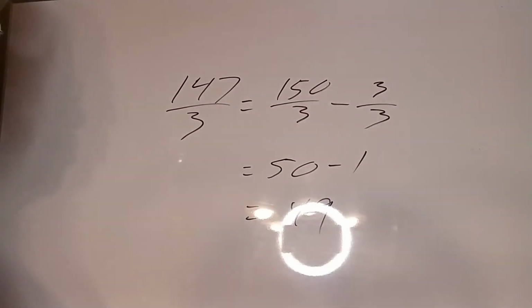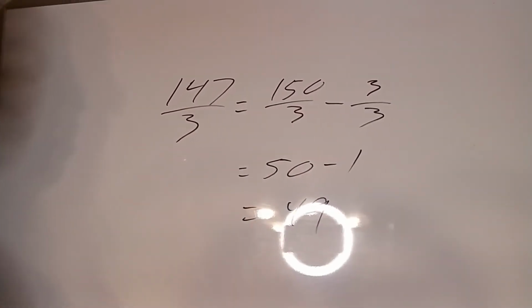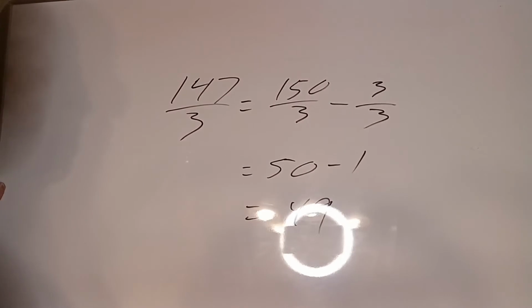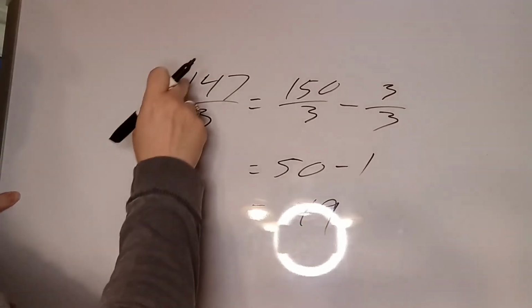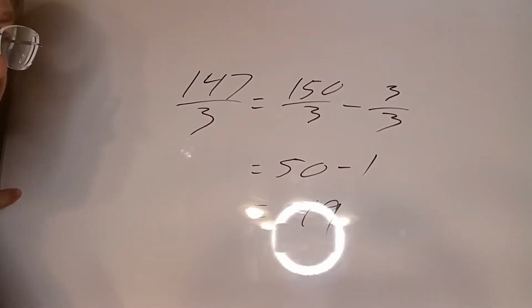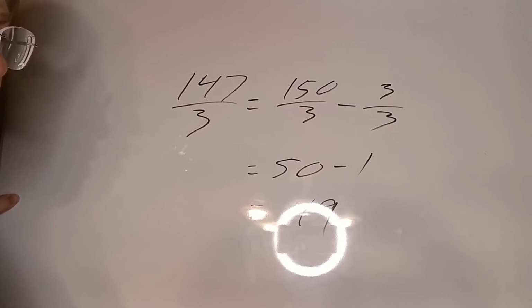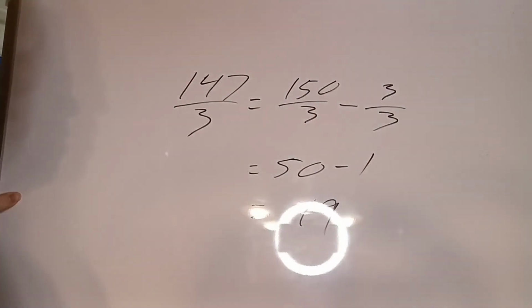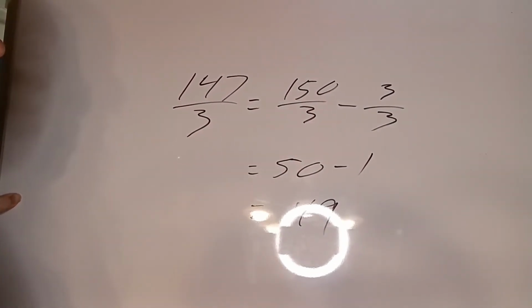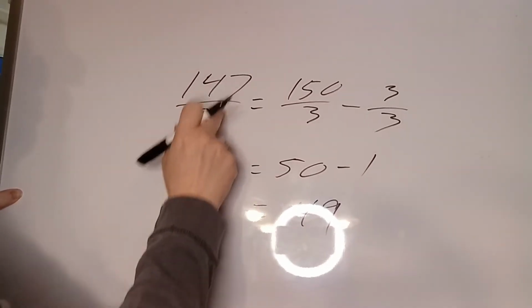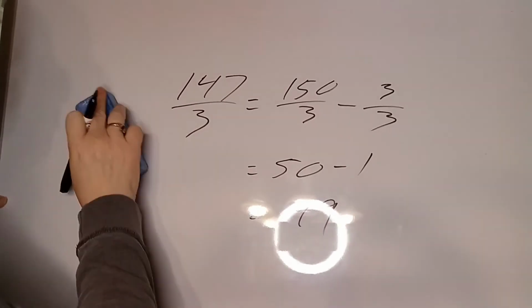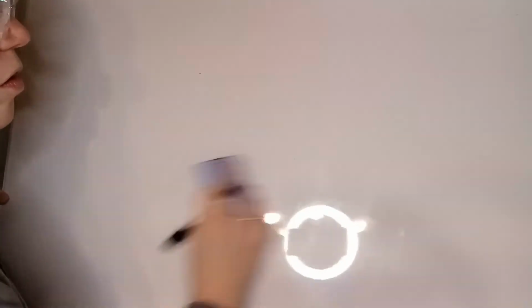Those never showed up in the problem anywhere, but they were in the negative space. So I'm paying attention to what is missing. What is missing from the 147 to make it a nice even number to divide by? Well, the 3 is. In this case we were only missing one 3, but we can also look for factors.